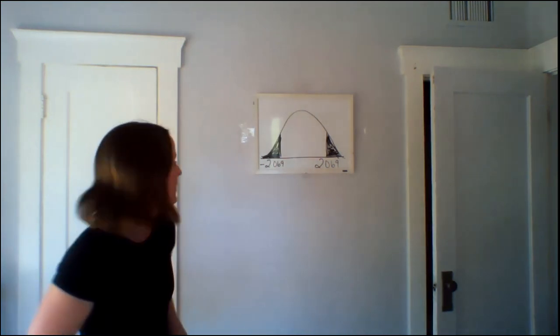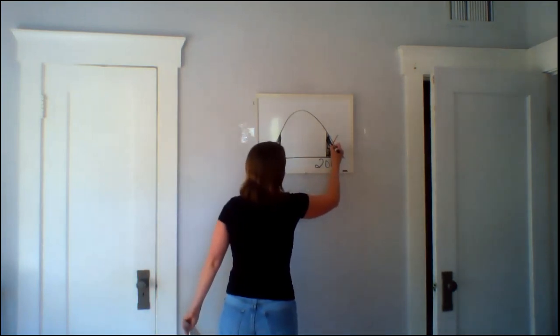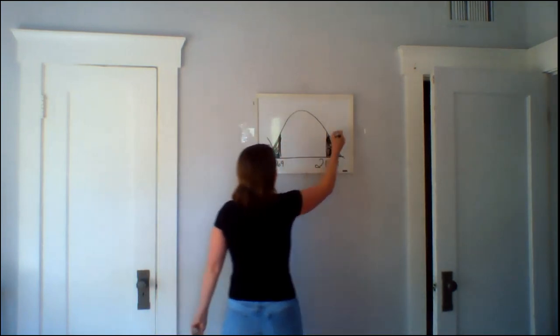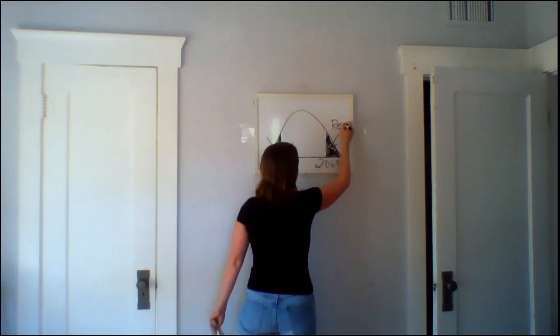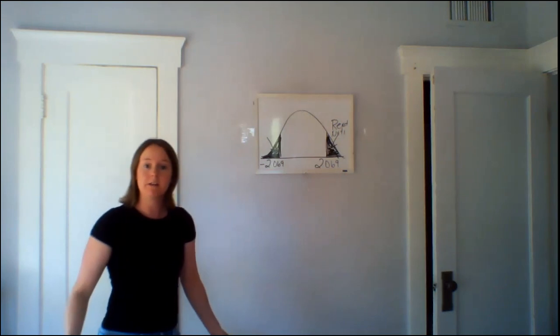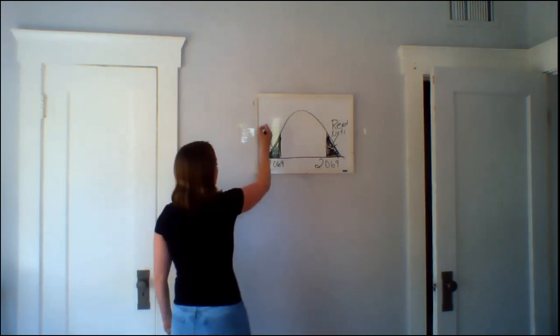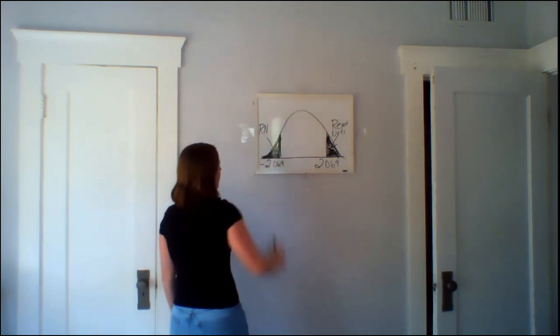If the t statistic falls in either one of these tails, we reject the null. The treatment was effective. I'm just going to put RN here, reject null.